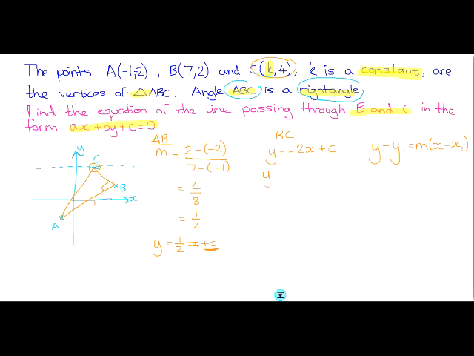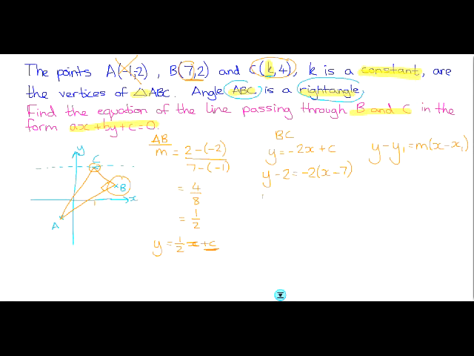So y, take away y1, we have to use this coordinate here. We can't use A, because A is not on this new perpendicular line. So you have to use B. So the y1 is 2. The gradient we've just worked out is -2. X minus x1, the x1 is 7.